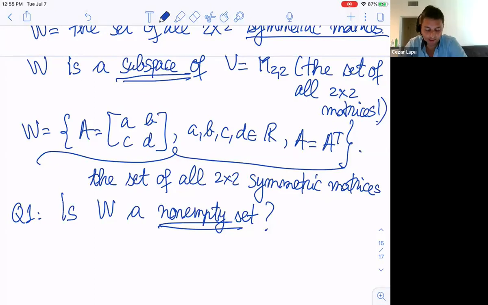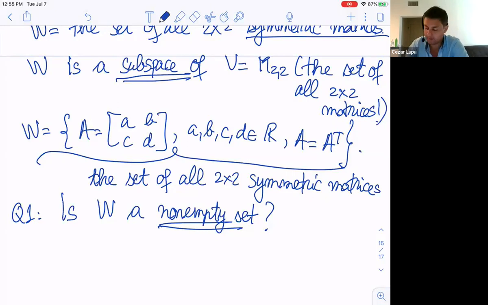Just look at the set W and tell me an example of an element. What do you mean, 2, 1? Look at the elements. The elements in this set are matrices. 1, 2, 2, 1. Yes, exactly.